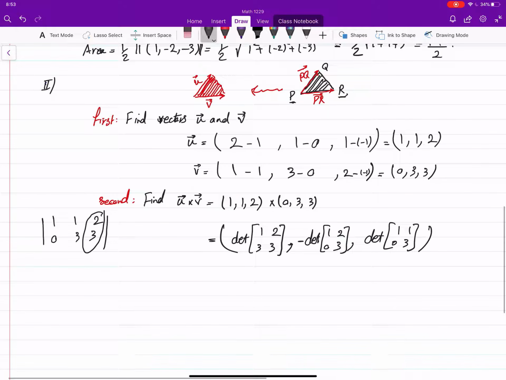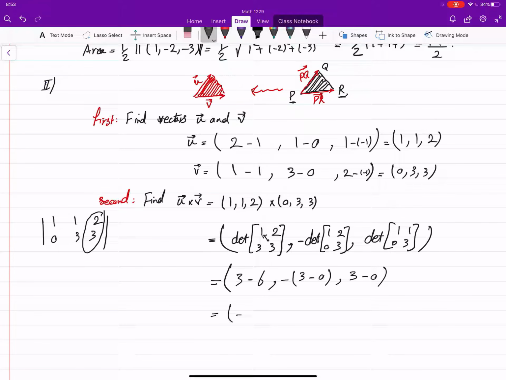Okay, so we find now the determinant. Diagonal elements, 1 times 3 is 3 minus 2 times 3 is 6, negative 1 times 3 is 3 minus 0, and 1 times 3 is 3 minus again 0.